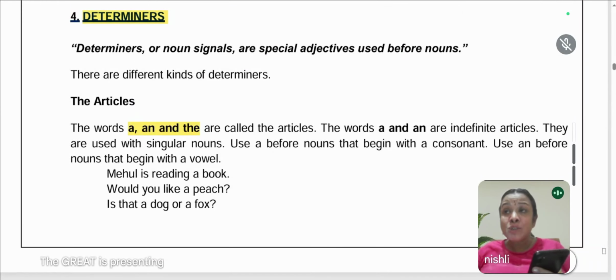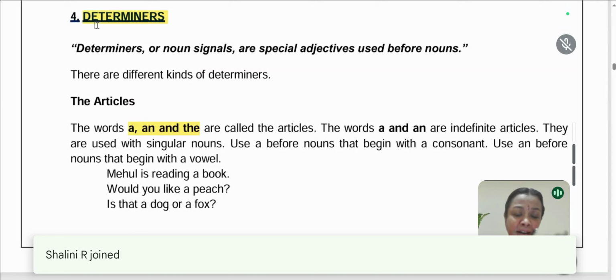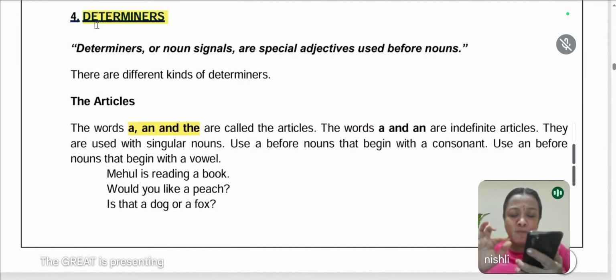And a is used with the consonant sounds like B, C, D, F, G, H, and the remaining alphabets, especially with singular nouns.